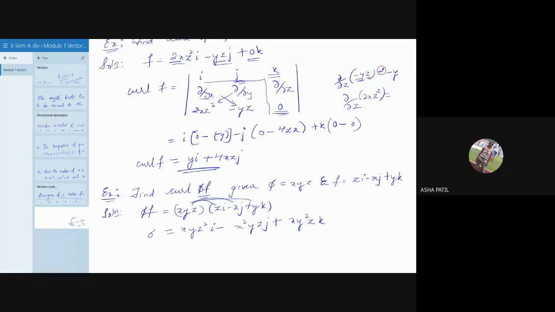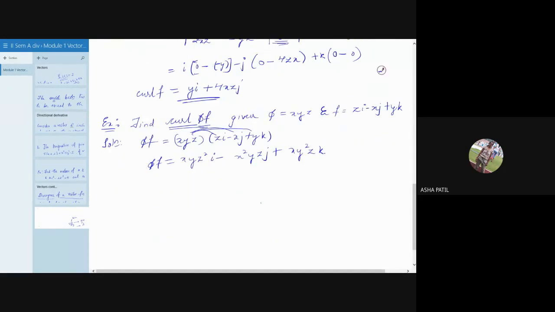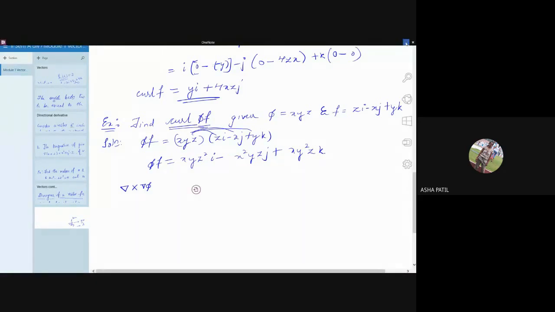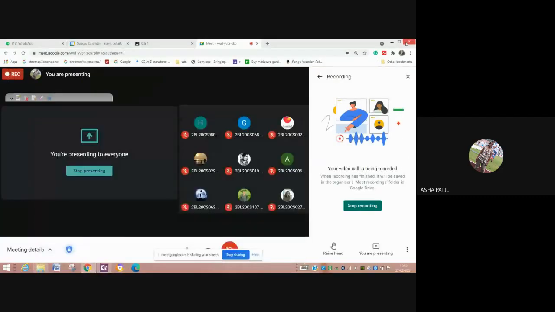So we have got phi into f. Now we have to find the curl of this vector phi f. Go for the determinant.